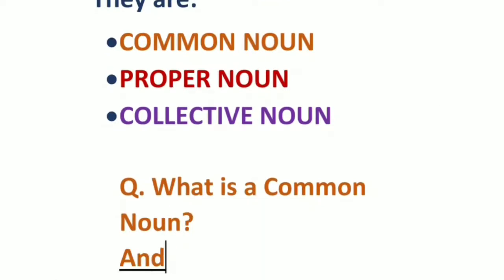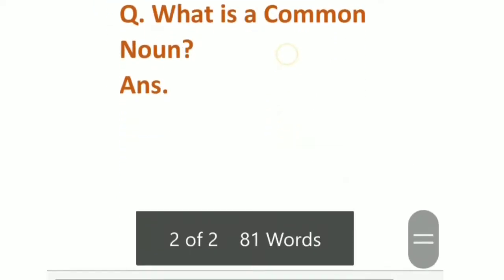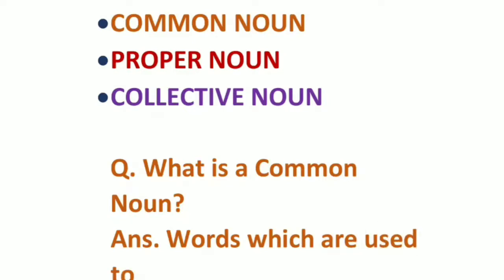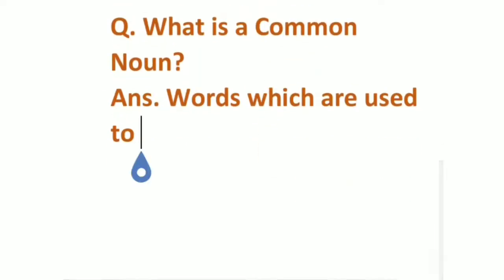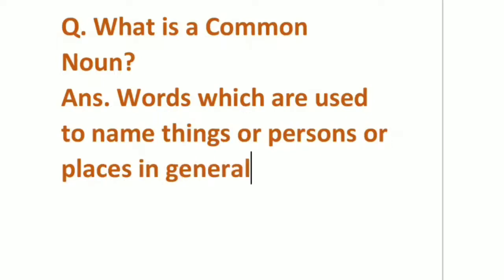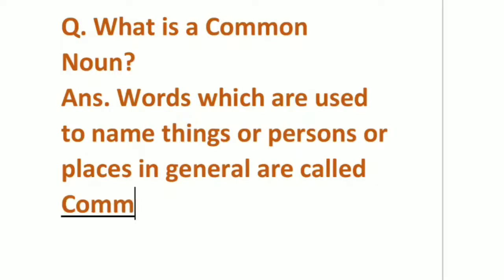So, what is a common noun? Words which are used to name things or persons or places in general, where we don't have any special name for them, are called common nouns.